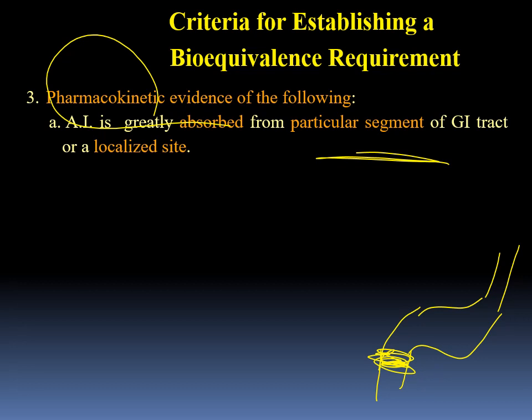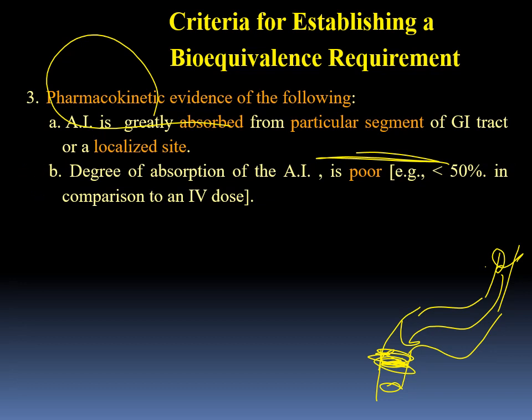So you want to make sure that your tablet, the tablet of the generic drug product, can release the drug before the duodenum, like the brand. If your generic tablet releases the active ingredient after the duodenum, nothing of the dose will be absorbed. The second example, if the drug is having poor absorption, less than 50% compared to intravenous, so if the drug absolute bioavailability is less than 50%.